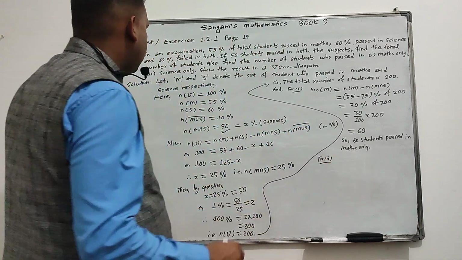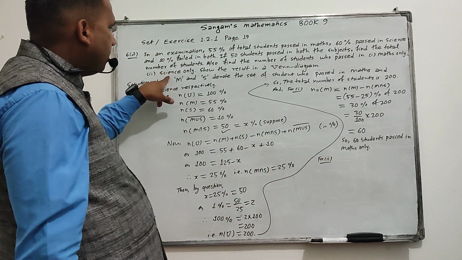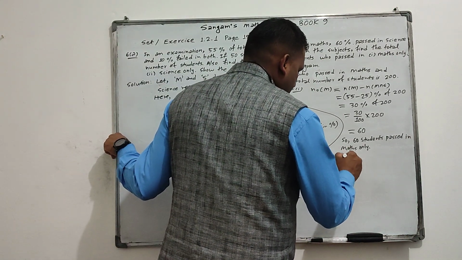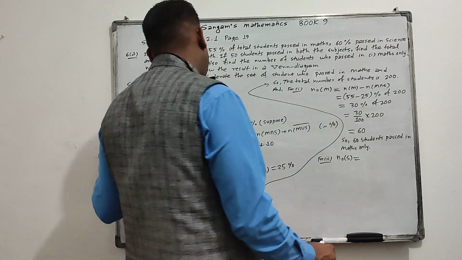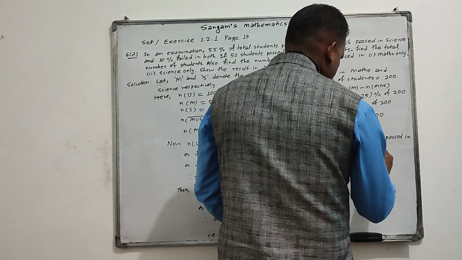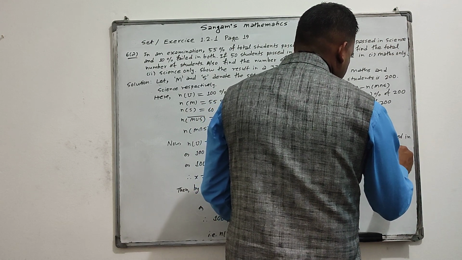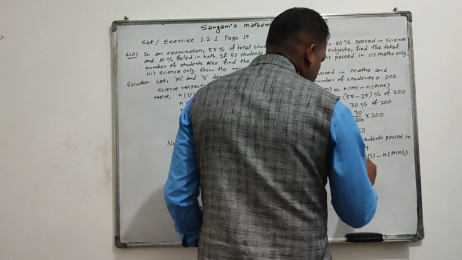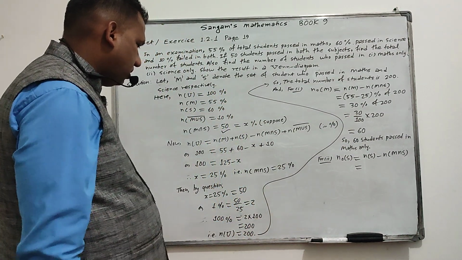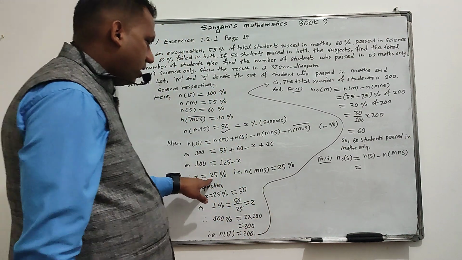Part 2, how many students pass in science only? That is S only equals number of S minus number of M intersection S. That is number of S is 60%, intersection data is 25.